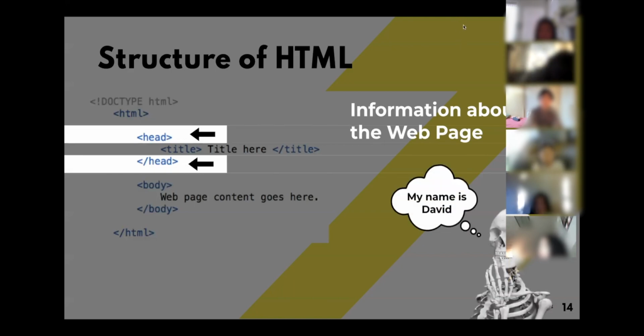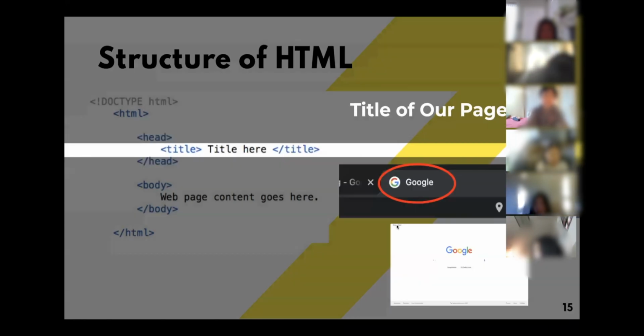You can compare it to what the skeleton is thinking. The skeleton is the HTML, right? And the skeleton is thinking, oh, my name is David, and that's information about us. So this is like thinking in the head, like, what is my name? Storing it.